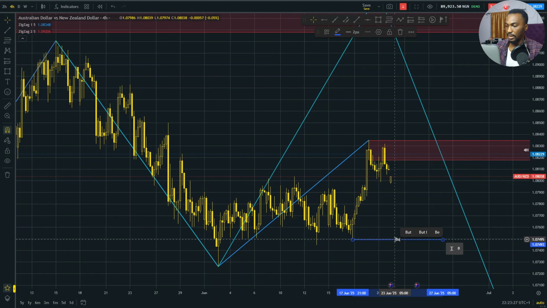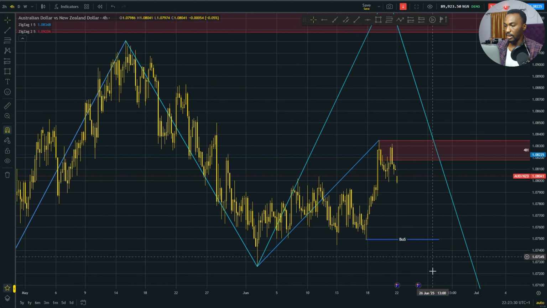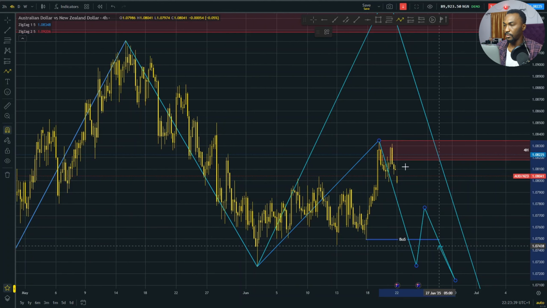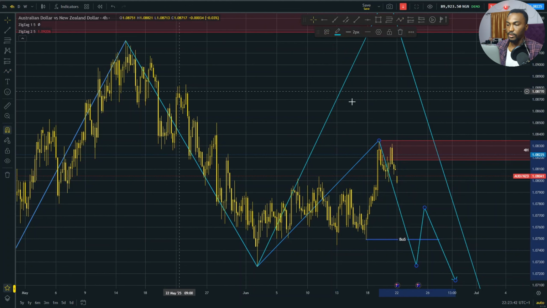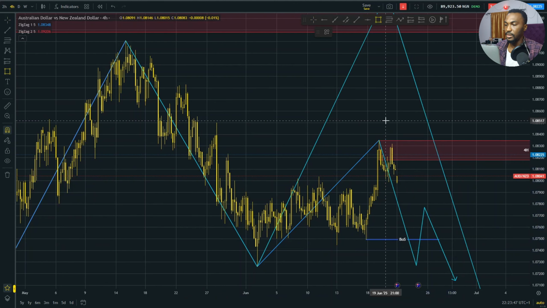So I'm looking at making sure price makes its way down here and starts to retrace. If price is serious about moving from here, it's supposed to do this and then this. So I'm waiting for it to do the actual break first and foremost.